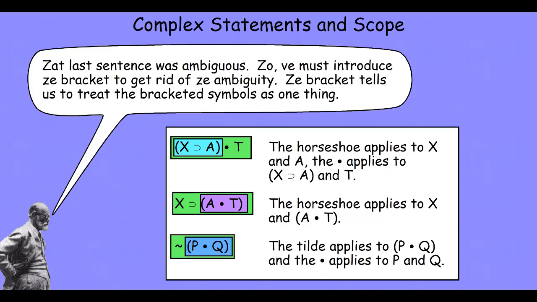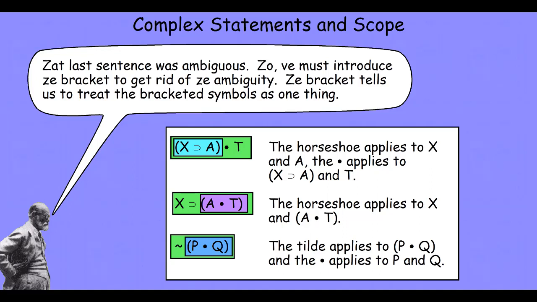So if we took that simple statement, X horseshoe A dot T, and we disambiguated it by putting our brackets here, that's like taking X horseshoe A, putting it in a lunch sack and closing it up. Now it's one thing. That horseshoe in there reaches out and grabs A, reaches out and grabs X. It says if X, then A. That's one unit.